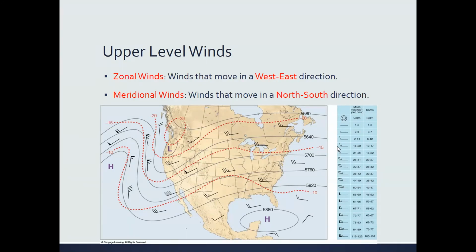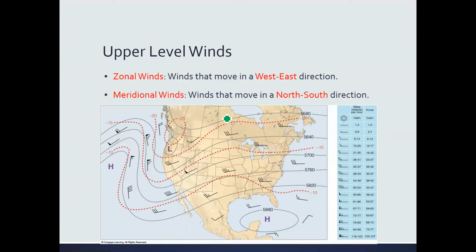Now, with all of this said, in the upper level, winds are traveling parallel to isobars. There are two types of winds that we talk about: zonal winds and meridional winds. Winds are zonal when they travel in a straight west to east direction.